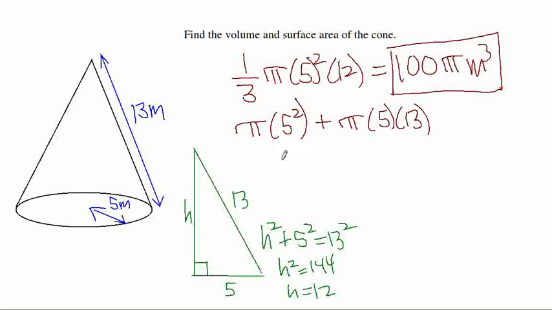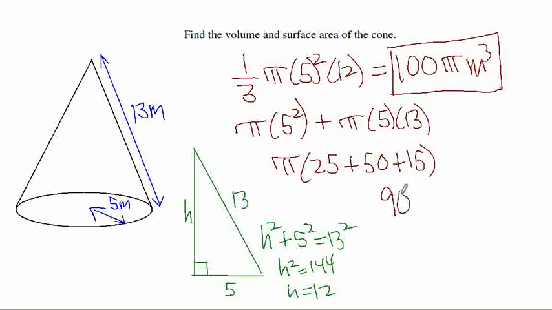So let's see, if I factor out the pi, that gives pi times 25 plus 5 times 13, that's 65, so 25 plus 65 is 90. I multiply that by pi, so I get 90 pi square meters for the surface area.